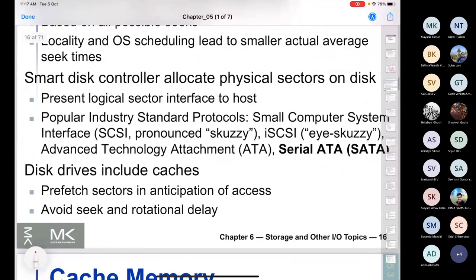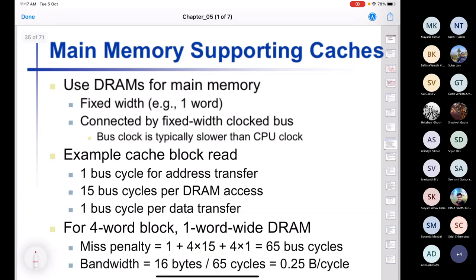Yeah, so there are primarily two industry standards that I'll just mention in passing. One is called the Small Computer System Interface, or SCSI. Okay, SCSI, and there is also iSCSI. It is written SCSI, but it is pronounced "scuzzy". And the Advanced Technology Attachment, or SATA.